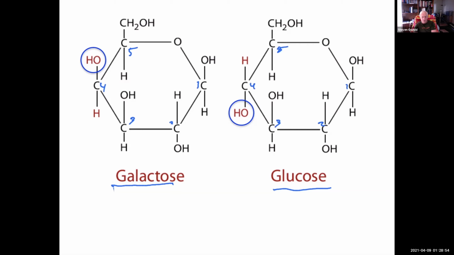Okay. So the only difference between glucose and galactose is the position of the OH group on the number 4 carbon. In glucose, the OH group is down at carbon number 4. In galactose, the OH group is up or above the ring at carbon number 4. That's the only difference. Okay?